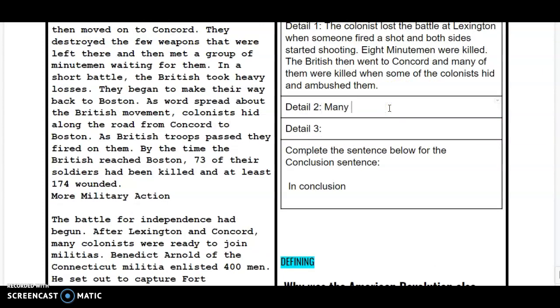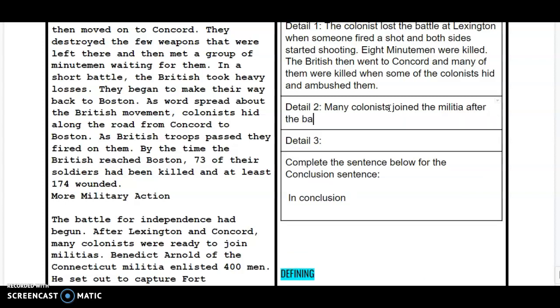Many colonists joined the militia after the battle at Lexington and Concord. Basically, they went to Fort Ticonderoga, where, what happened at Fort Ticonderoga?